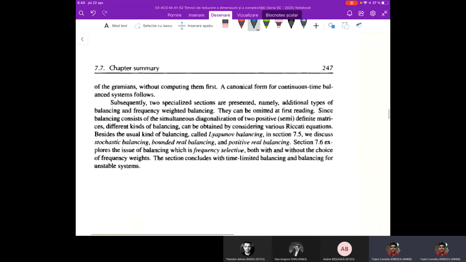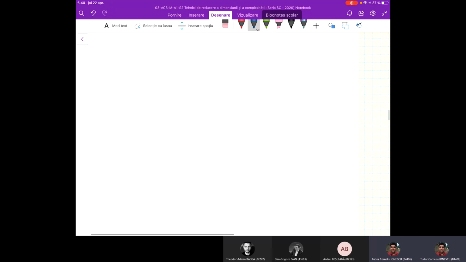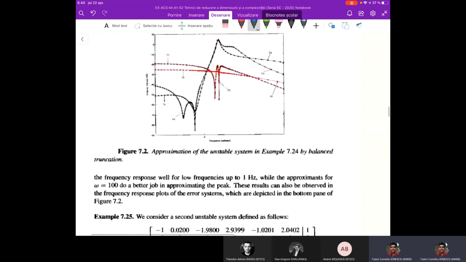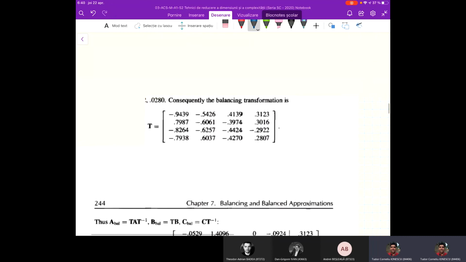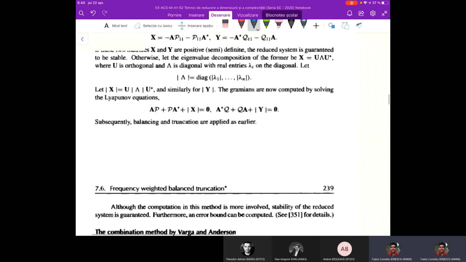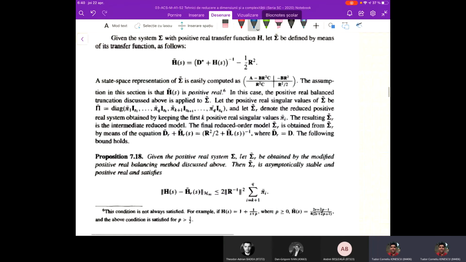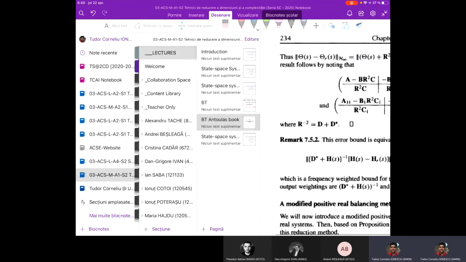And then you have a summary, and that's it. So this is, in summary, the whole idea about this method of balanced truncation and balancing.